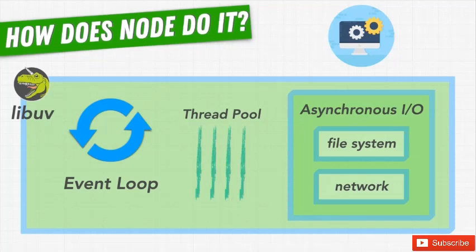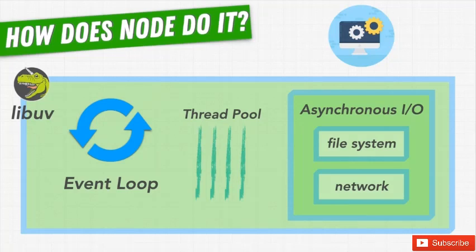Node already knows who should do the work to get the job done. So as a developer, you don't have to think about it. It's only the code behind Node and the code behind your computer's operating system that internally has multiple threads and uses those threads to perform input and output tasks.